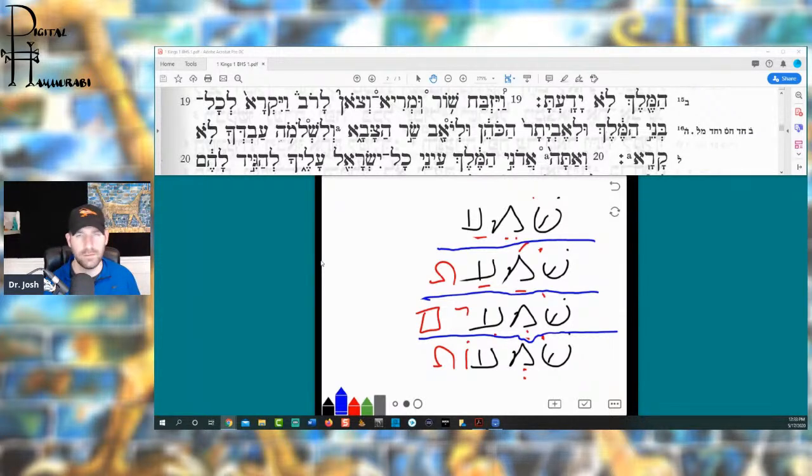And then the rest are straightforward, shom'im and shom'ot. Again, the ayin is just coloring it from an e vowel to an a vowel.